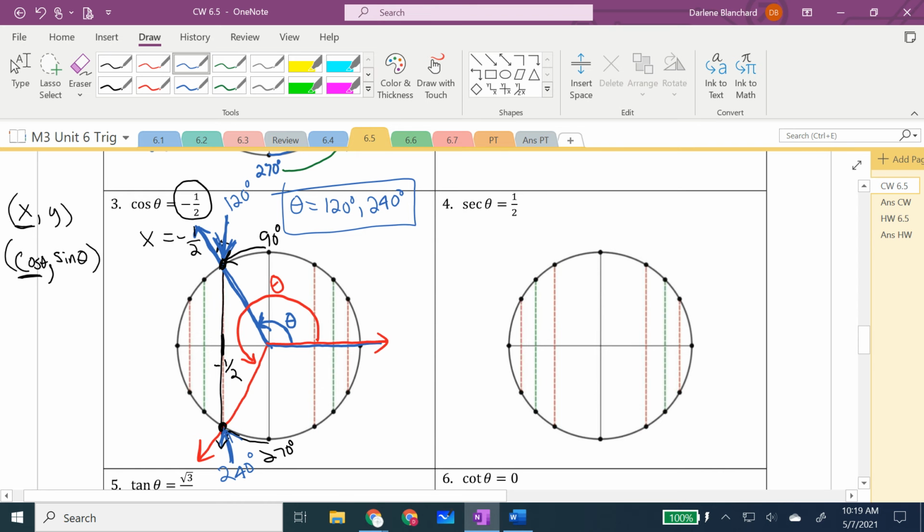Okay, now the next one is a little bit tricky. It's meant to be a little bit tricky. Secant has a reciprocal of cosine. What's the reciprocal of 1/2?